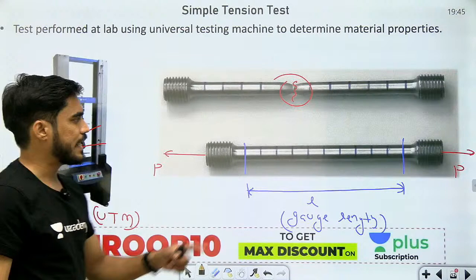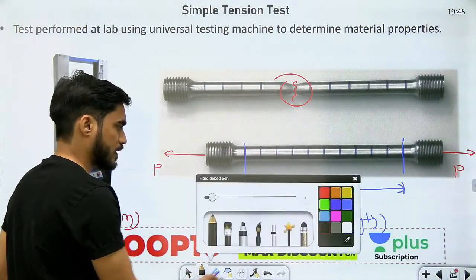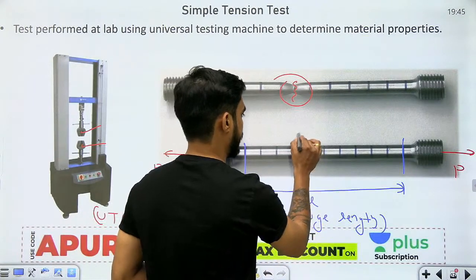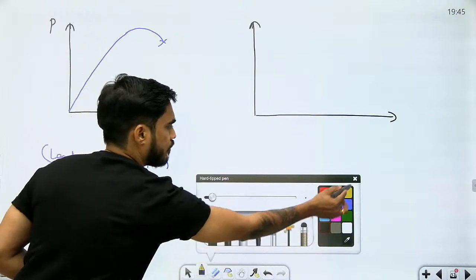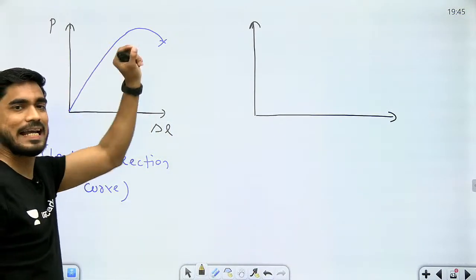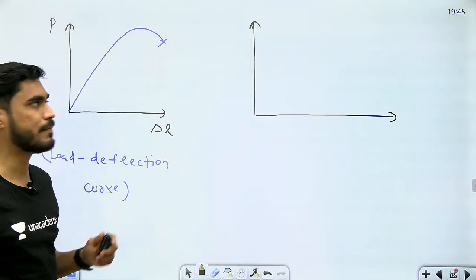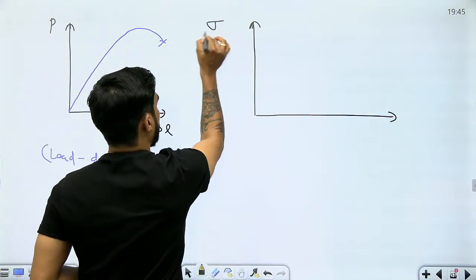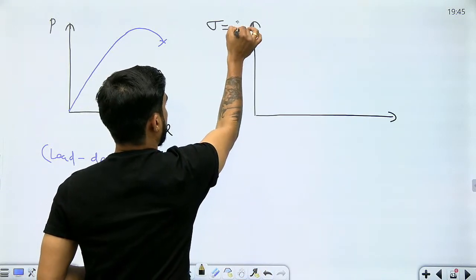Let's say the area of the specimen is A. If I divide the value of P by area, then what am I going to get? I am going to get sigma, right?